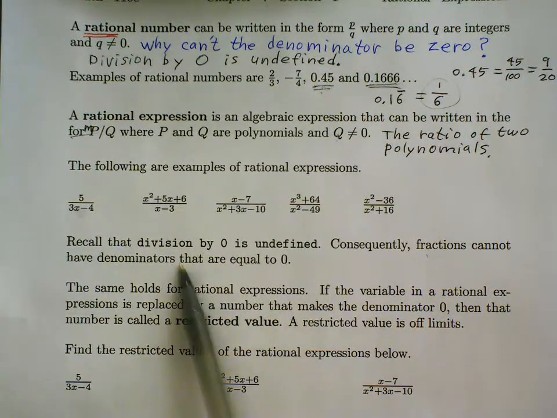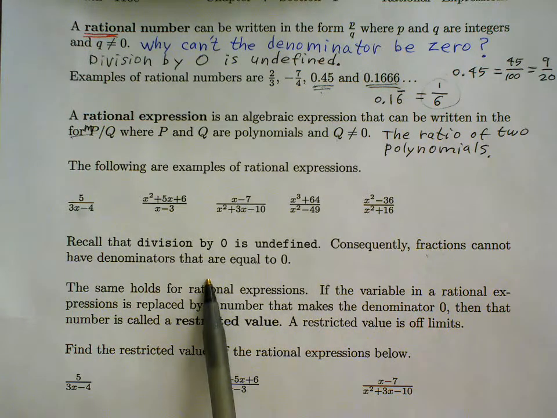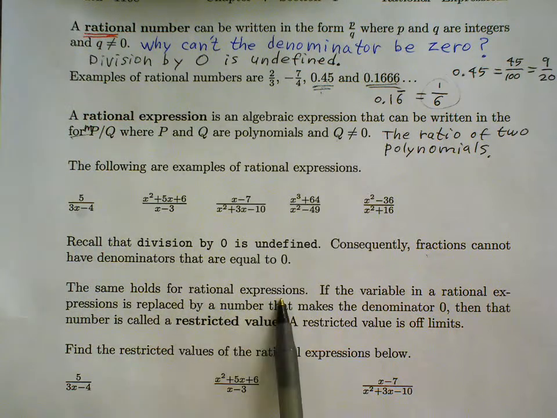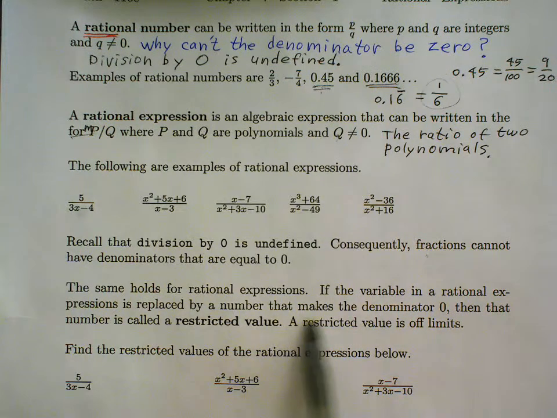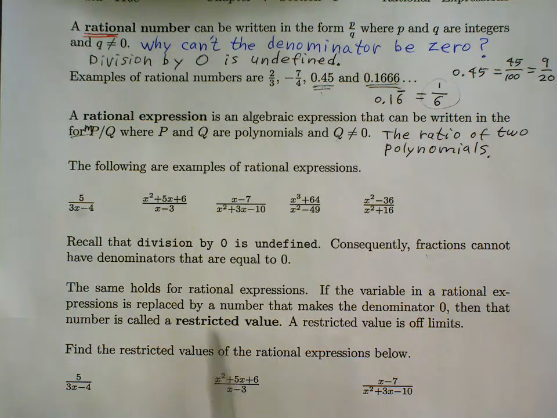So division by 0 is undefined. Fractions cannot have denominators that are equal to 0. And the same holds for rational expressions. If the variable in a rational expression is replaced by a number that makes the denominator 0, then that number is called a restricted value.